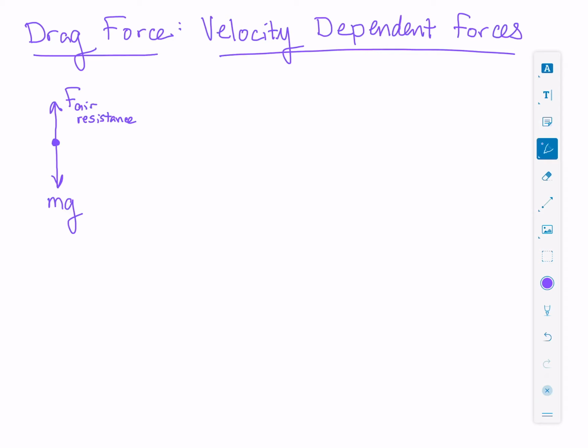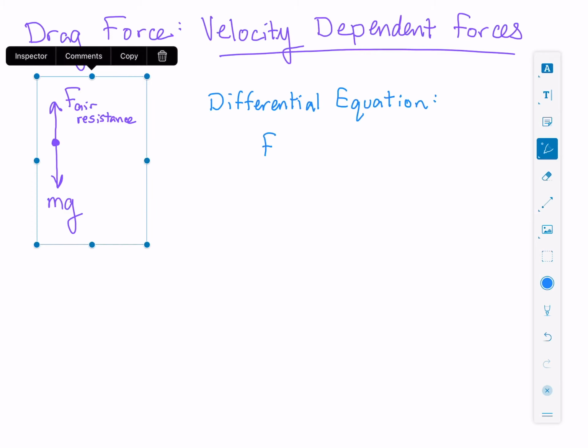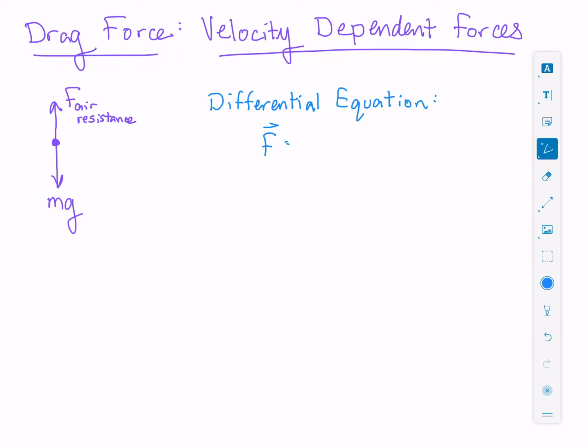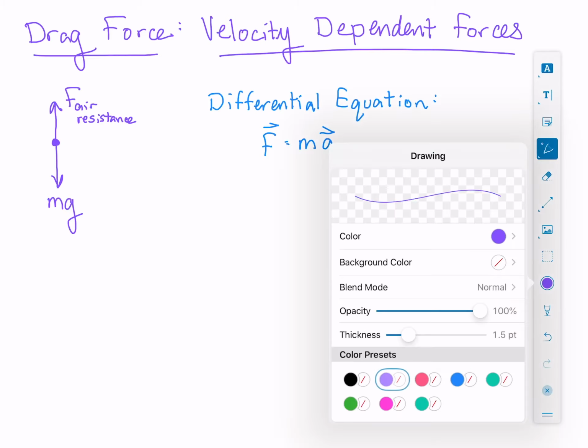That's what's going on. If I want to write an equation that explains this motion, we can write a differential equation. We can say, well, I know that F equals ma, and in this particular case, it's air resistance minus mg.